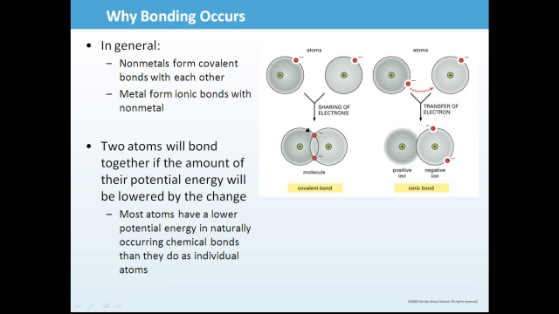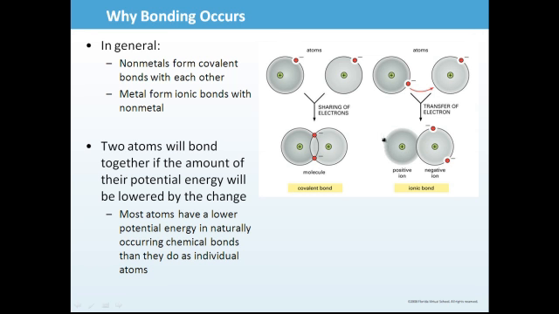So the atom on the left, you can follow his ring, owns both of those electrons. But then the atom on the right, if you follow his ring, also goes through those two electrons. So they are sharing. Whereas in the second illustration here, the electron on the left is transferred to the atom on the right.